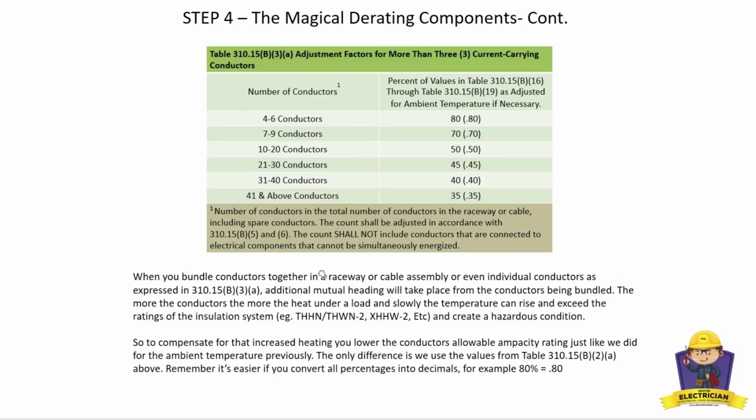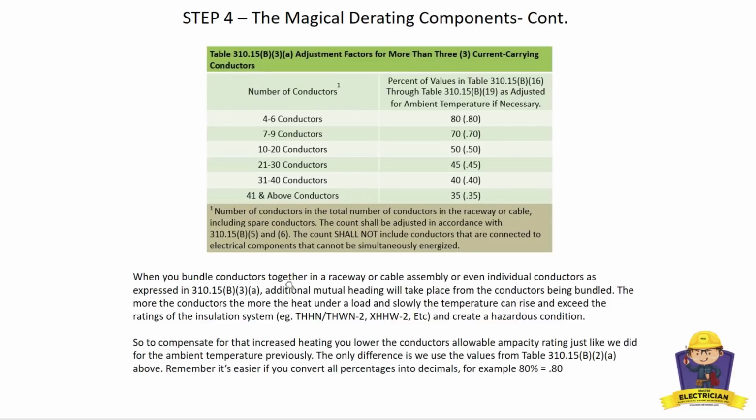Now here's a depiction of that table. This is 310.15(B)(3)(a), and I've added some language here in order to add clarity to the table. But let's say I have more than 3 current carrying conductors, or I'm bundling as we talked about earlier.